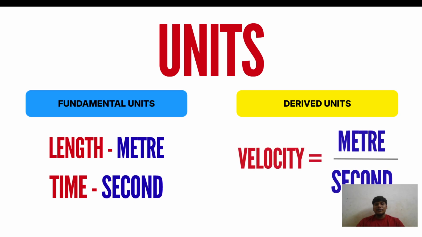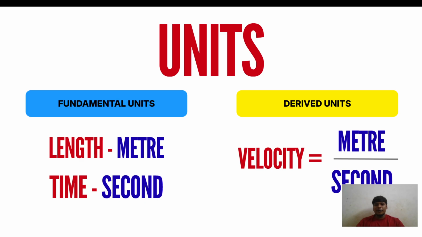For example, velocity. You all know the statement of velocity. Velocity is equal to the rate of displacement with respect to time. Okay, in this, what is the displacement? Displacement is the change of an object's position from one point to another point, which is also considered as a distance between 2 points, or a length.